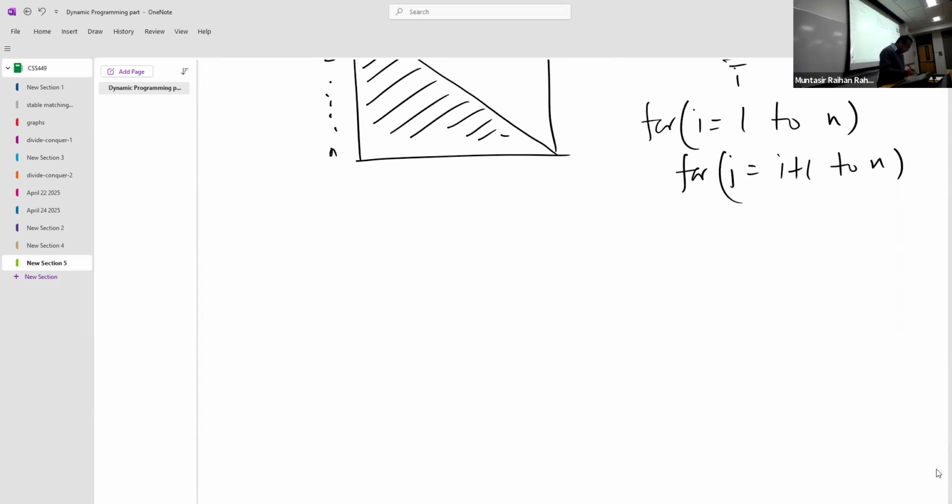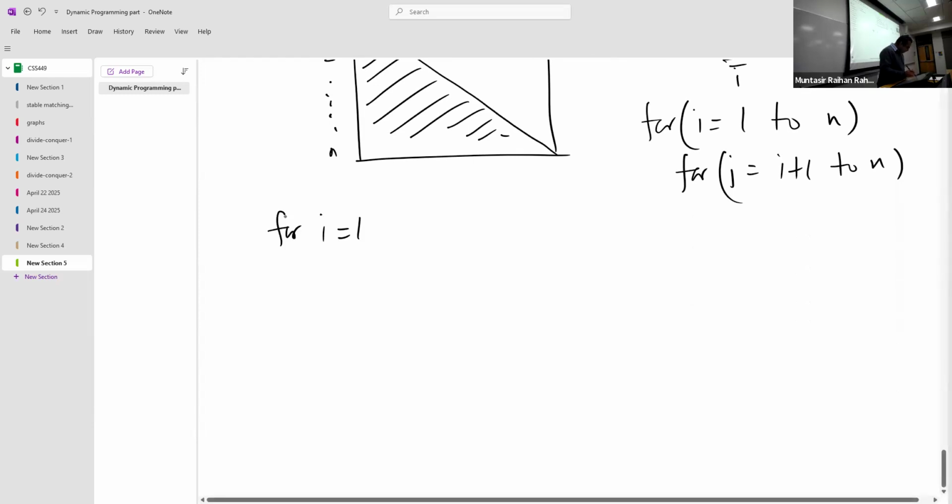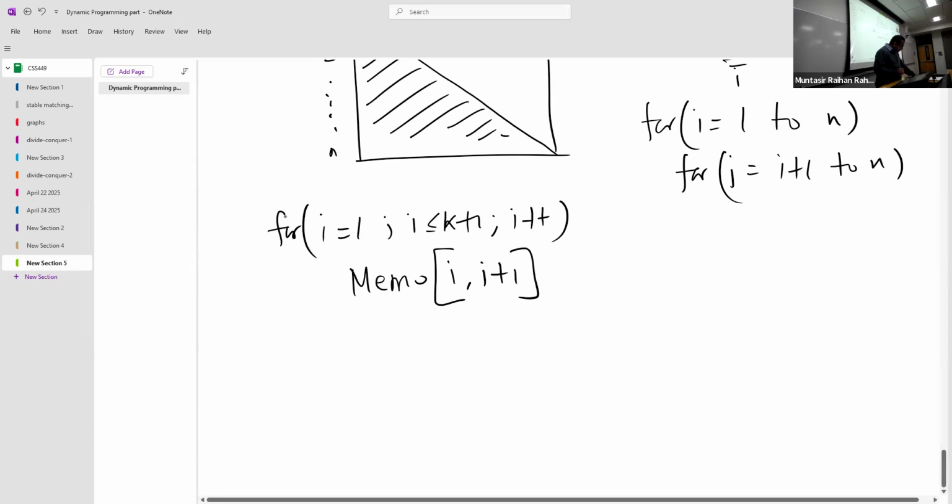So let's quickly write the code for this. You have a base case. What does this represent? It's a base case where you basically have two matrices multiplying with each other.